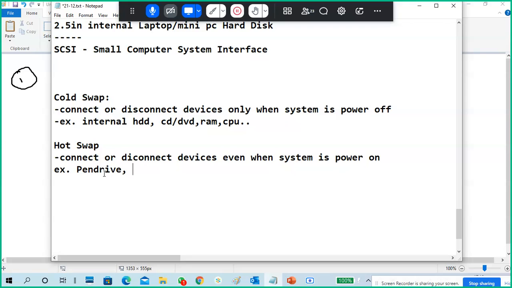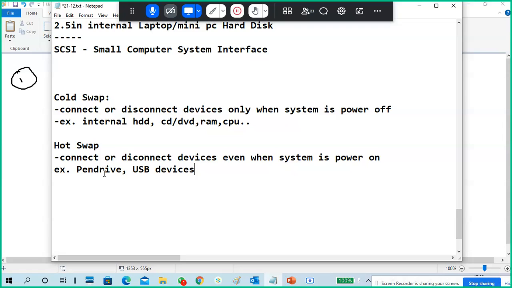Pen drives, USB devices. You need to disconnect and connect it when you are not required. Like you can connect a keyboard, mouse, Bluetooth devices. No need to shut down, right? Internally Bluetooth is there, you can connect to it.